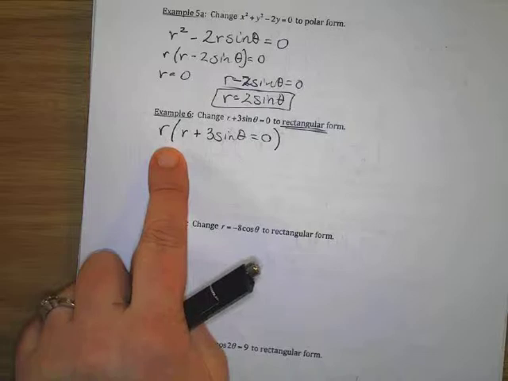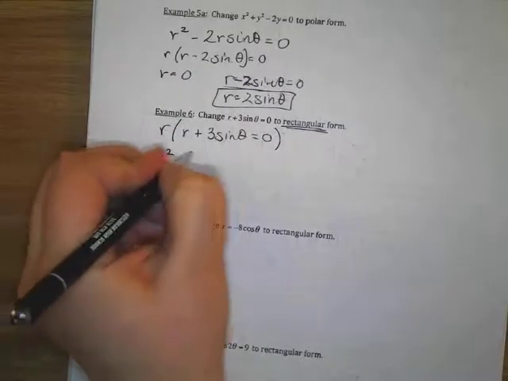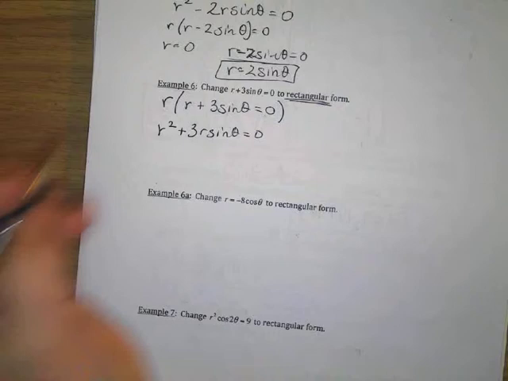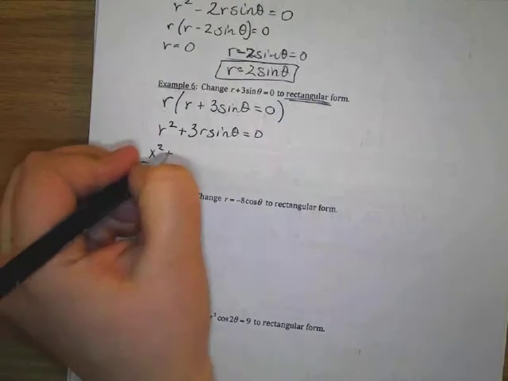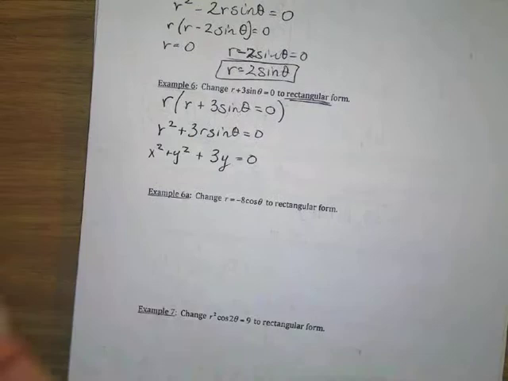Now what? Nothing. So what you're left with is r squared plus 3r sine theta, and that equals 0 because r times 0 is 0. And that's x squared plus y squared plus 3y. And you're done. We got rid of all r's and thetas.